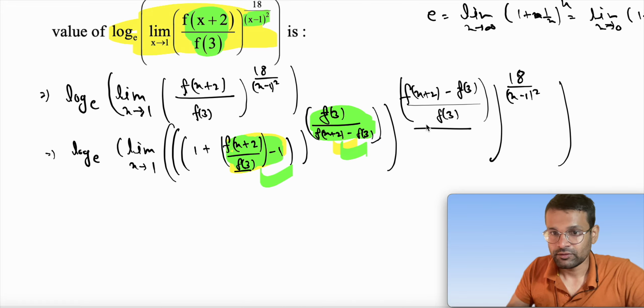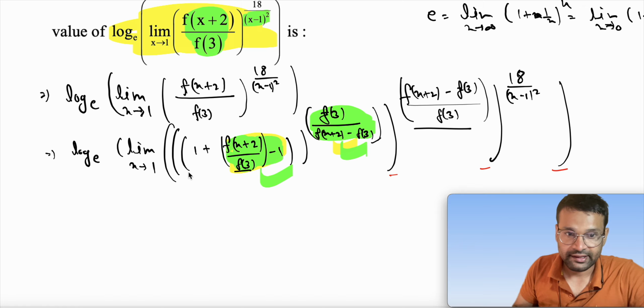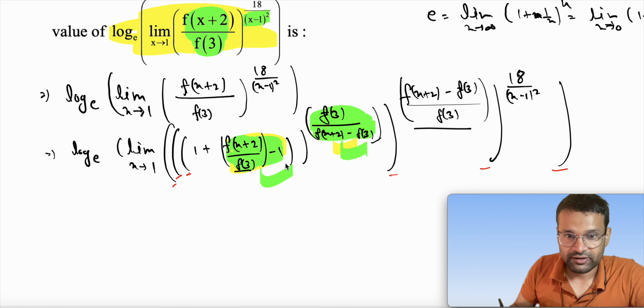Okay, now you can count the brackets, 1, 2 and 3, here is 1, 2 and 3. I think we need to add one more bracket for this one, and for this one. Now we added one more here.